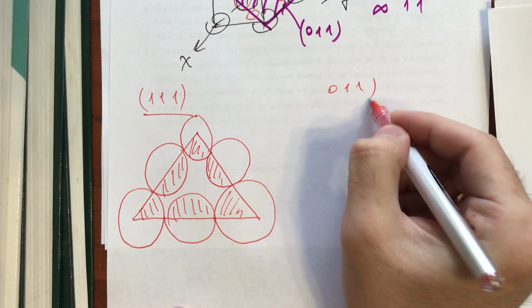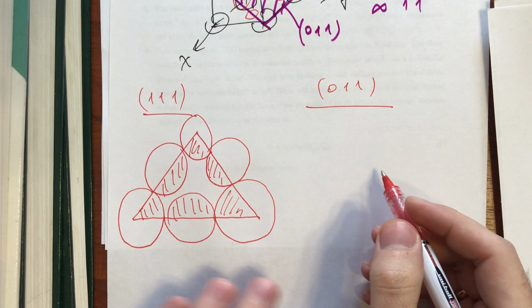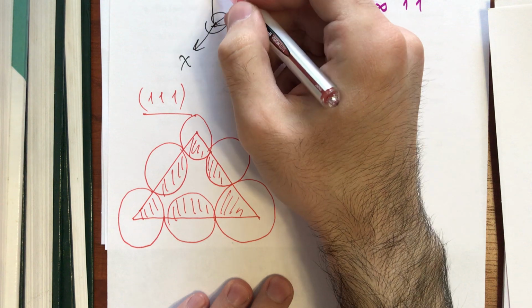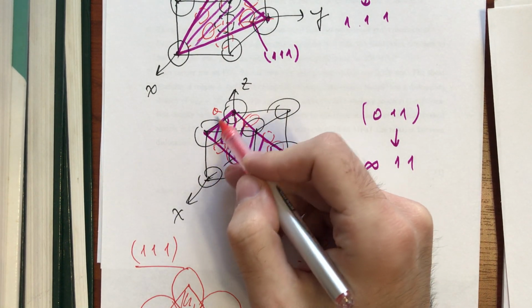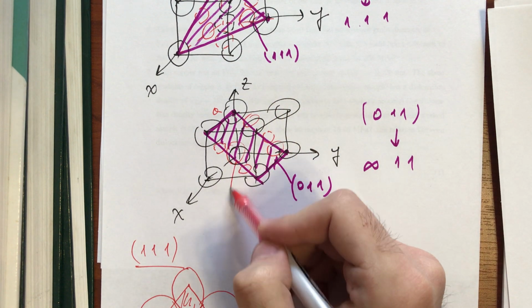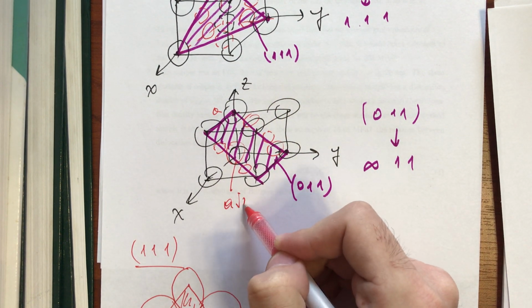As for the 011 plane, this short edge has length a, and this long edge has length a square root 2.